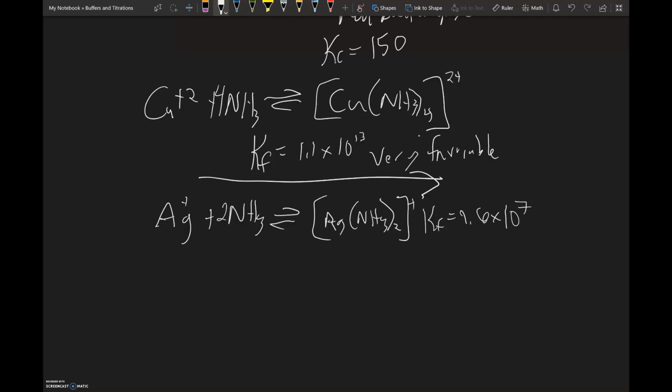This is a really favorable complex, and so the equilibrium is going to lie far to the right in this example as well. It's not as favorable as what we saw with the copper and ammonia, but it's still favorable.